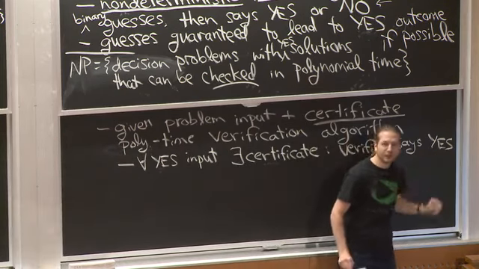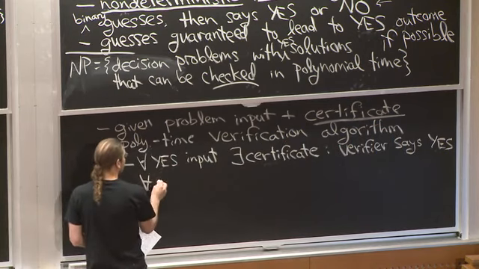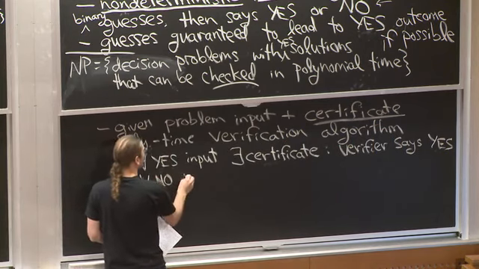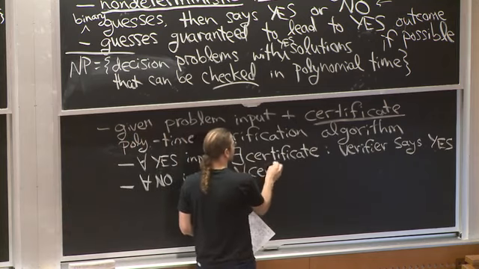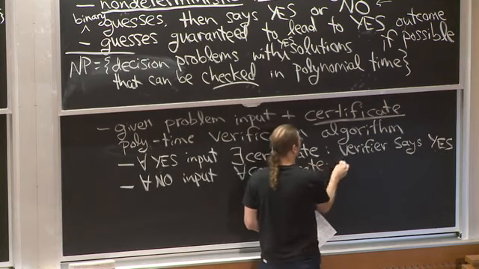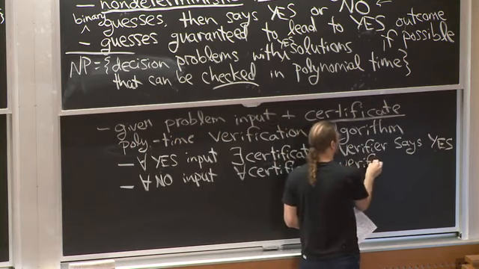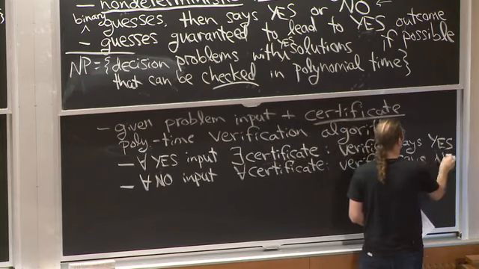And furthermore, the yes answers from the verifier are actually meaningful, because if I ever give it a no input, it always says no, no matter what certificate I give it. So this should really formalize what all this means.